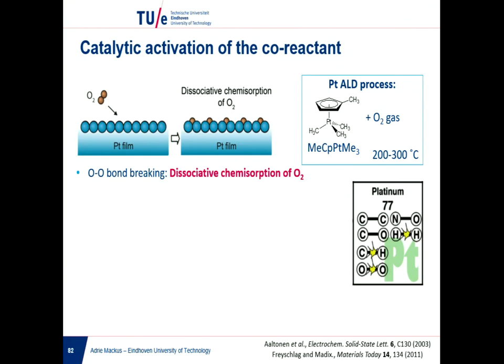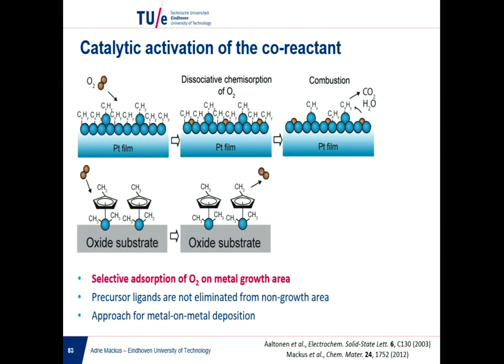And it's important that the chemisorbed oxygen is more reactive as compared to molecular oxygen. So this is then the full mechanism. Once you make chemisorbed oxygen, it can react with the precursor ligands in combustion-like reactions. So you basically burn off your ligands from the surface, and that's how you get deposition. This is how it works on a platinum surface.